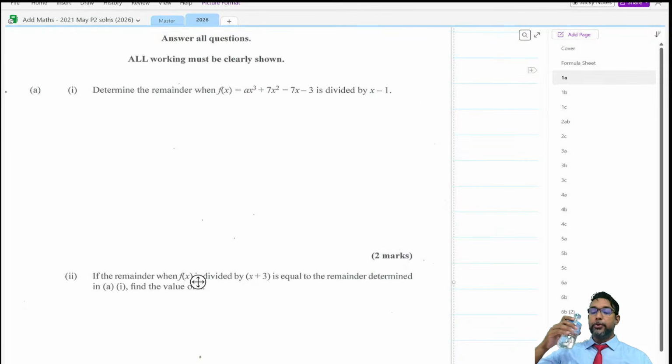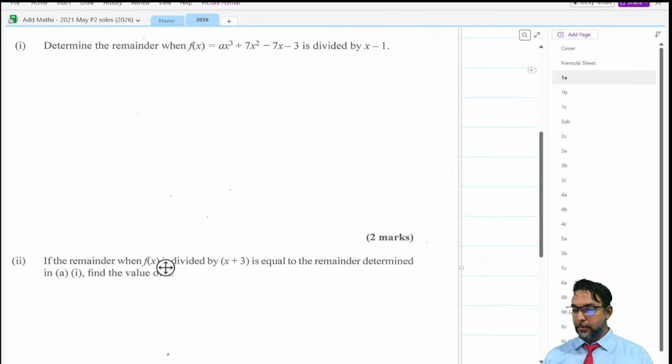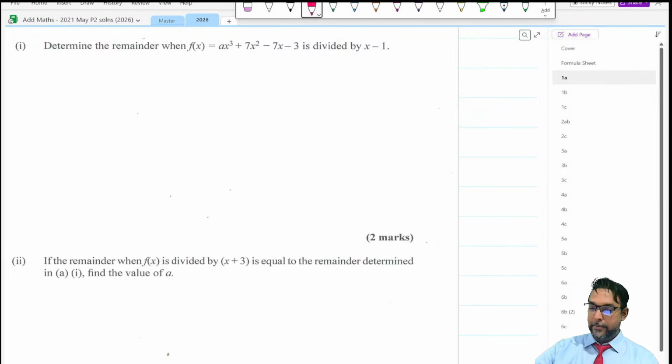Like in 2025, the tricks were bad. I don't think they ever brought the graphs before, so that means they wouldn't bring it again. Listen, they're still making their papers using me, you know. And AI can't make hard questions, so it's gonna be baby questions. AI can't make one. Right, there we go.